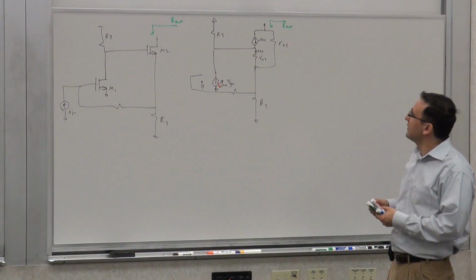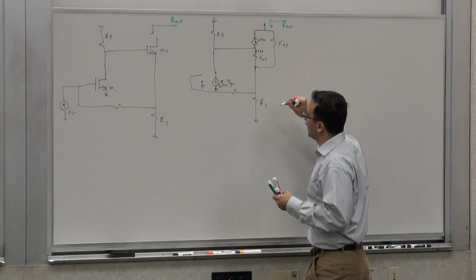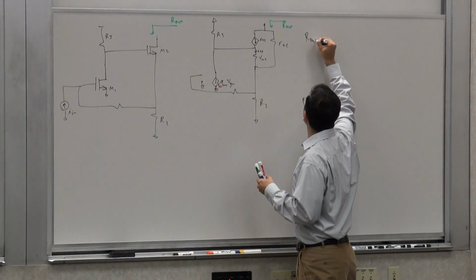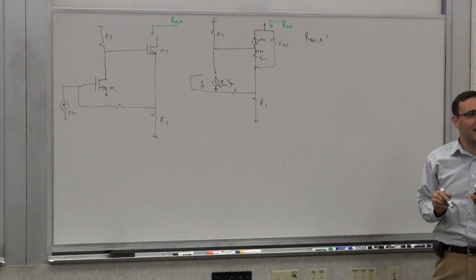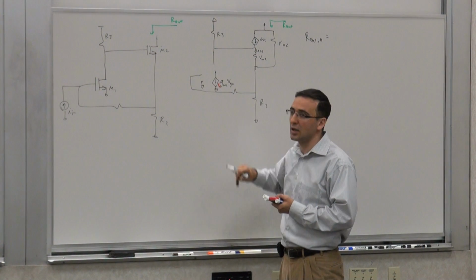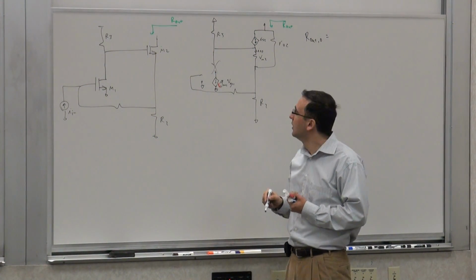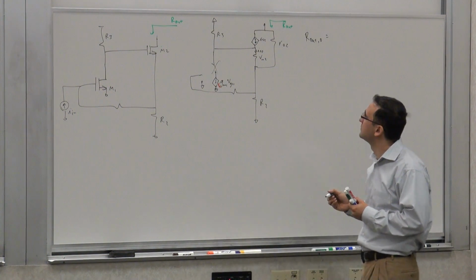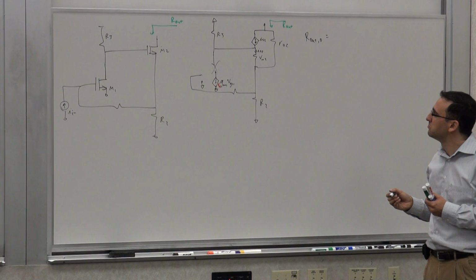So the first thing I need to calculate is R out 0. That means that when this K is 0, meaning it's not there, what do I have?